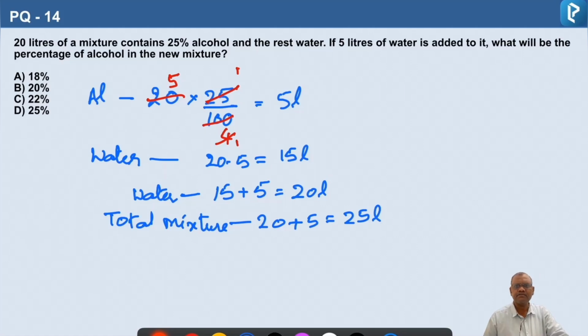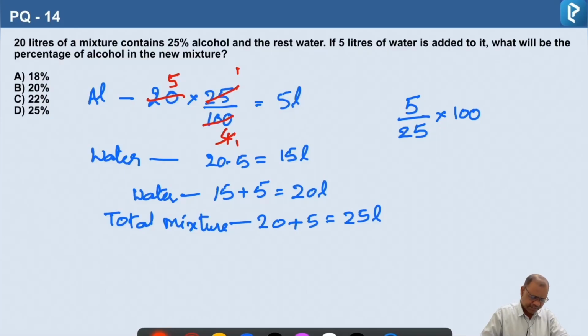Now we have to find out what is the percentage of alcohol in the new mixture. Alcohol remains the same, only 5 liters. The total quantity is 25. So the percentage of alcohol in the new mixture is 5 by 25 into 100.